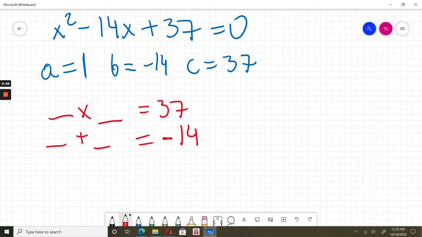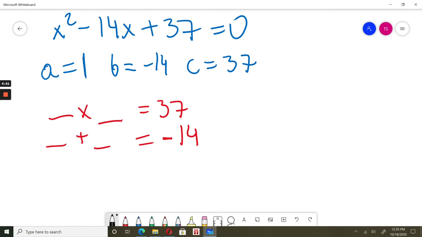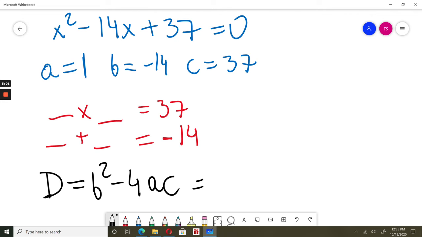So I will first calculate the discriminant. What is the discriminant? I will just call it d. We calculate the discriminant by b squared minus 4ac. b squared is negative 14 squared, minus 4 times a, which is 1, times c, which is 37.